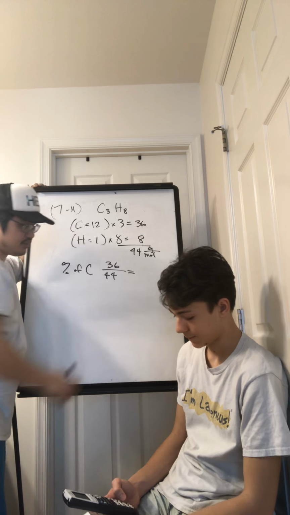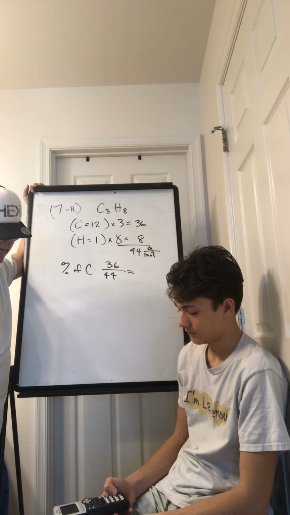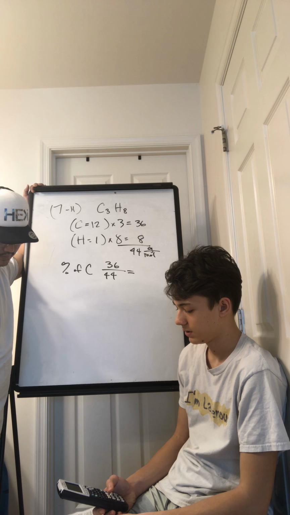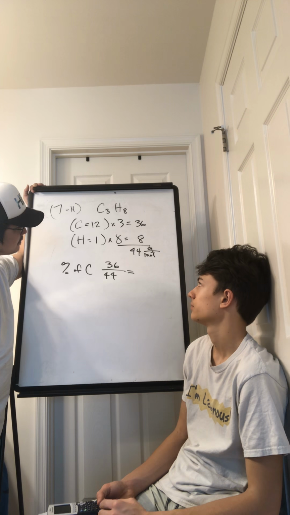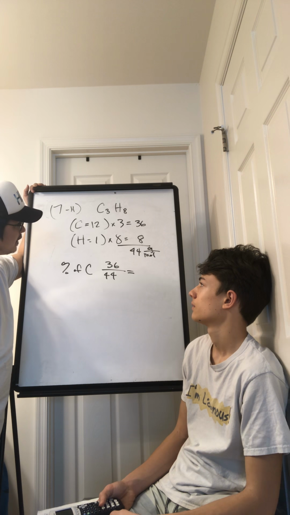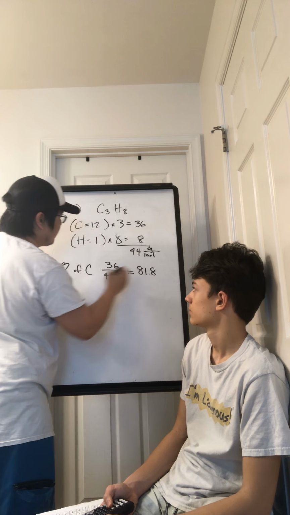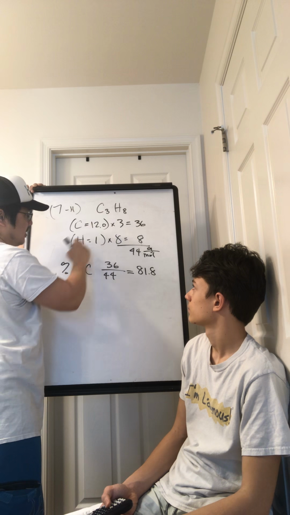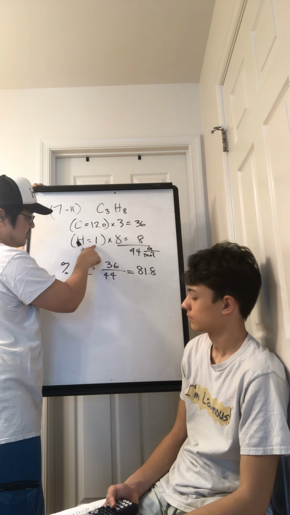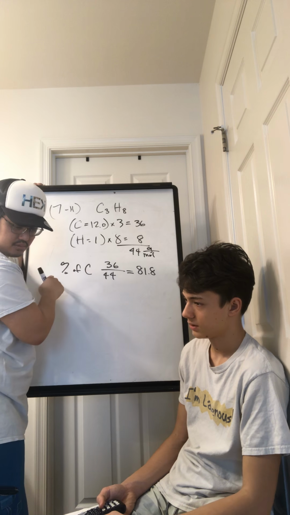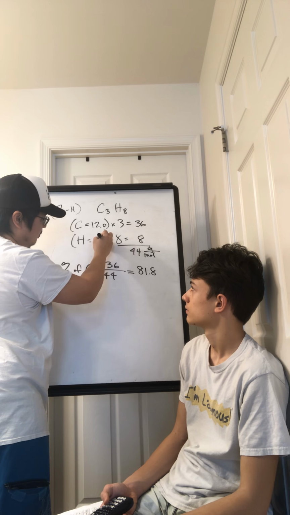And that gives you a percentage of what? 0.818 or 81.8%. By the way, carbon-12 is 12.0, and I think hydrogen is 1.00. 8. Okay, so I guess it's 1.01.